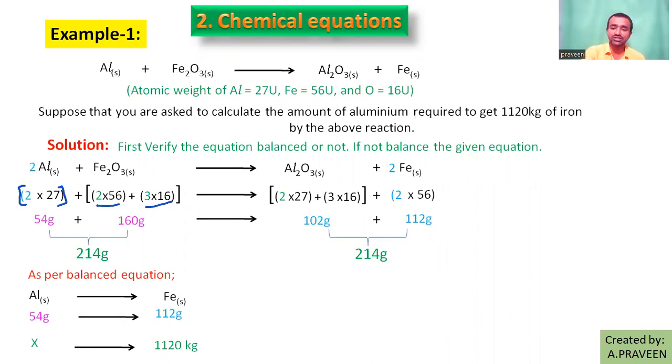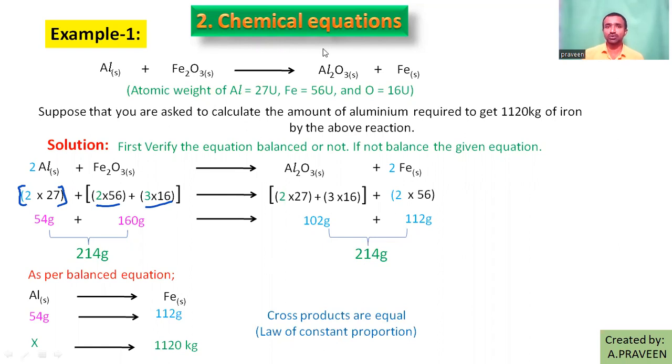Next, just use the law of constant proportion, that is, cross products are equal. What is the law of constant proportion? The ratios before the change and after the change are the same. We use that as cross products are equal.